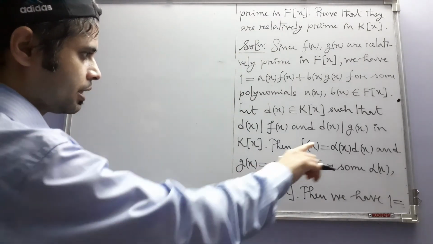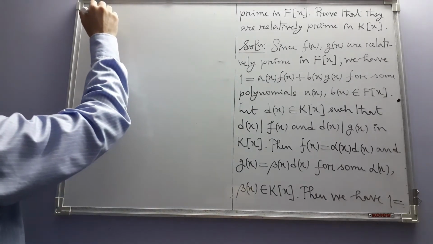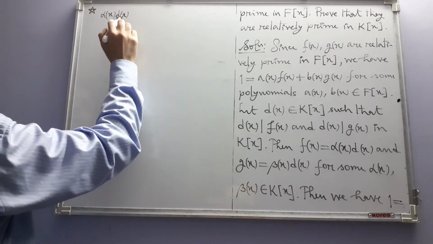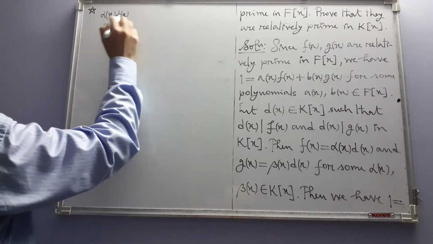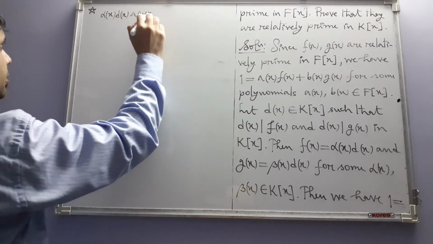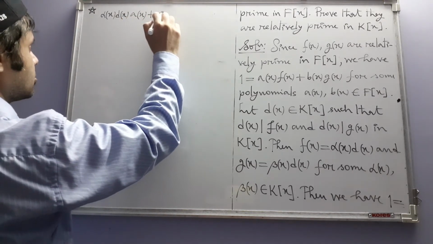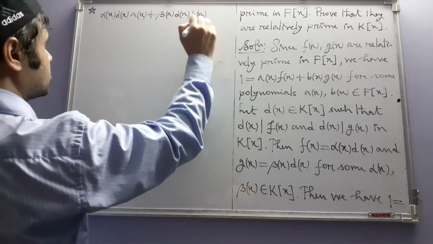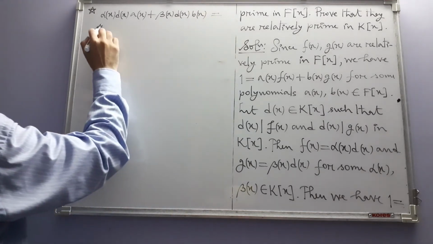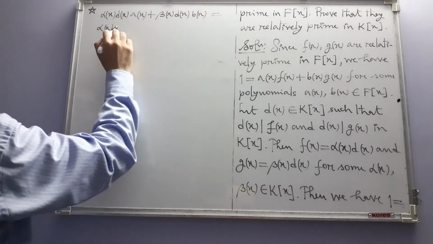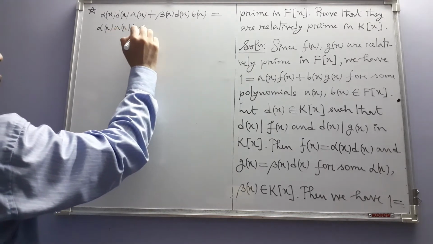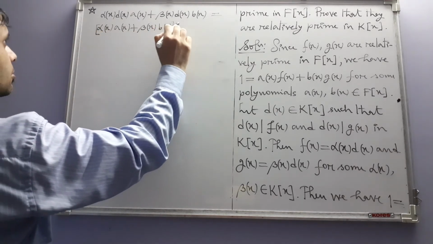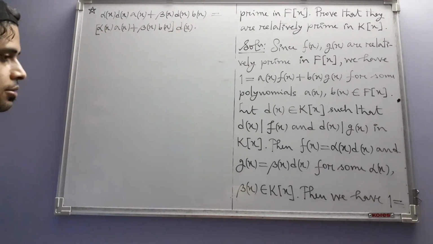In place of f(x) we can write alpha(x) d(x), plus b(x) times beta(x) d(x), and this is equal to alpha(x) a(x) plus beta(x) b(x), times d(x).